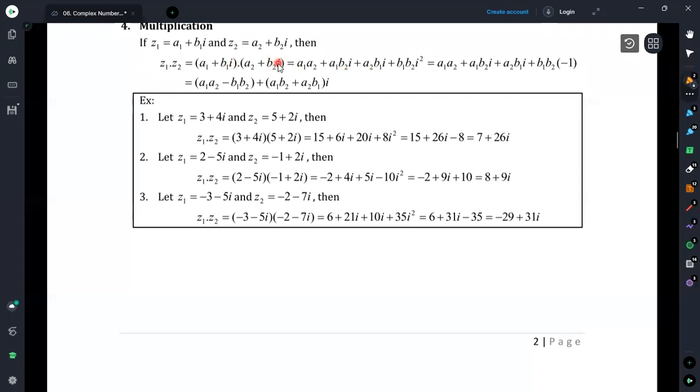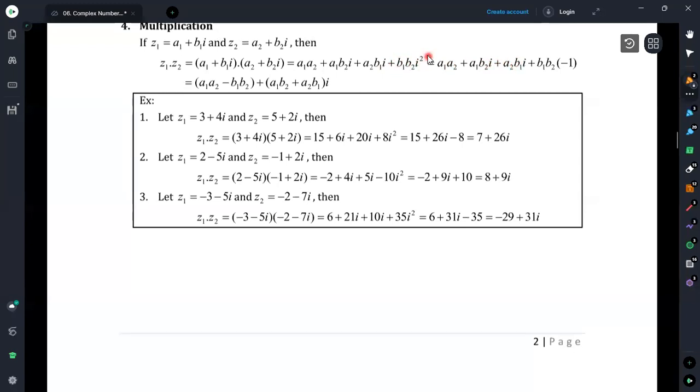Then the multiplication of b1 times i with b2 i: multiplication of b1 with b2 gives b1 b2, and i multiplied with i gives i squared. a1 a2 we have to keep as it is, and the two terms including i we cannot solve any further.